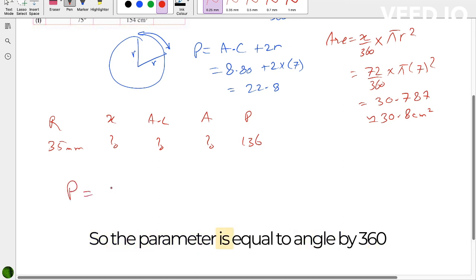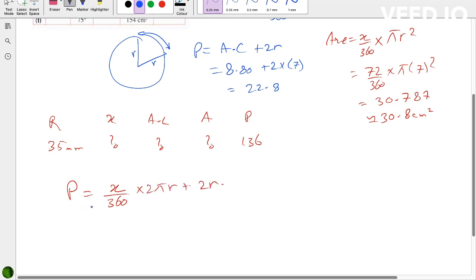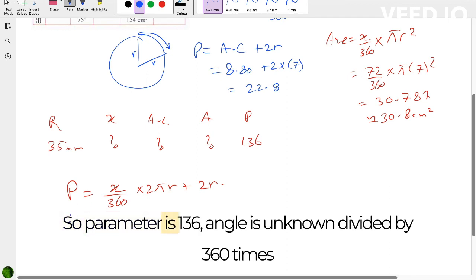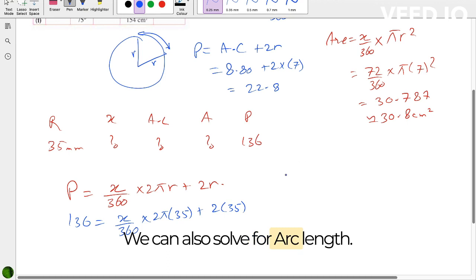So perimeter is equal to angle by 360 times 2 pi r plus 2r. So perimeter is 136, angle is unknown, divided by 360 times 2 pi, radius is 35, plus 2, radius is again 35.